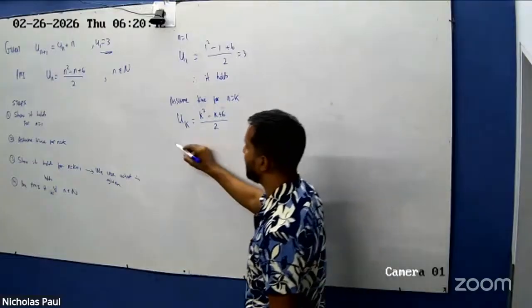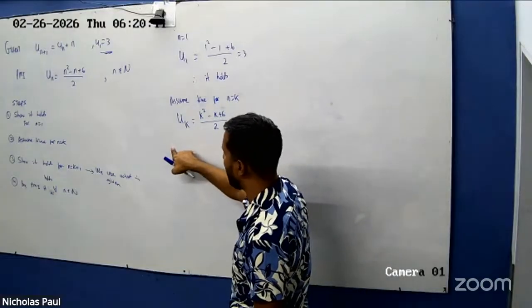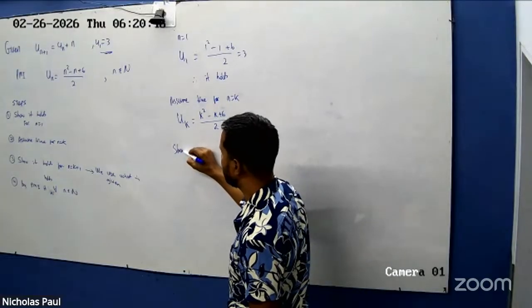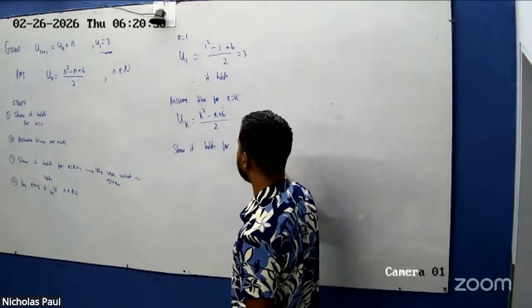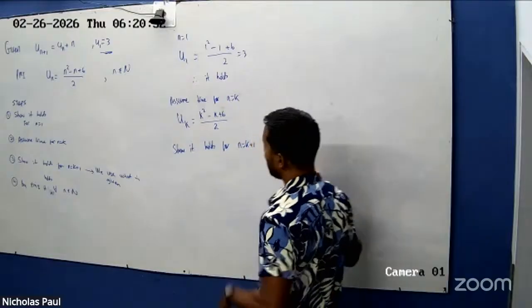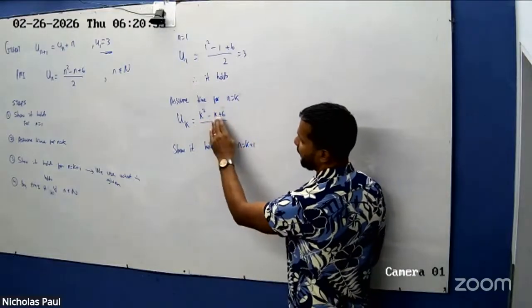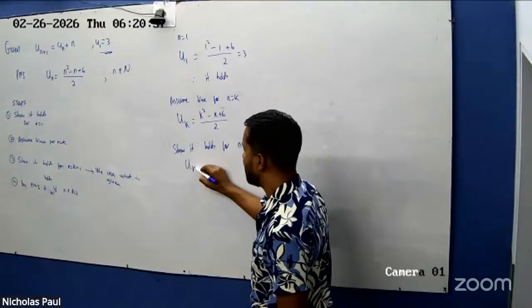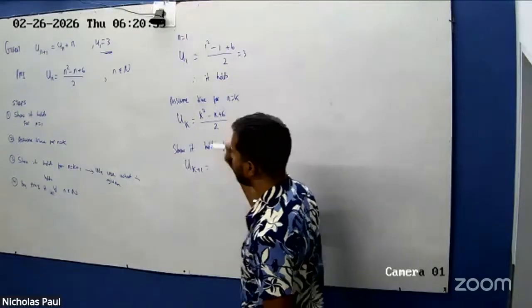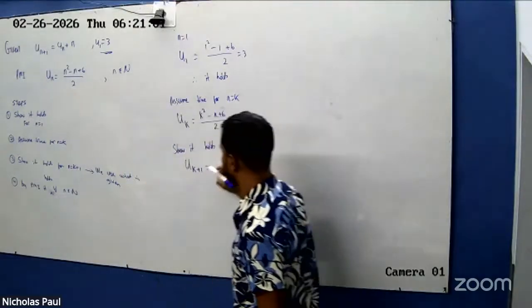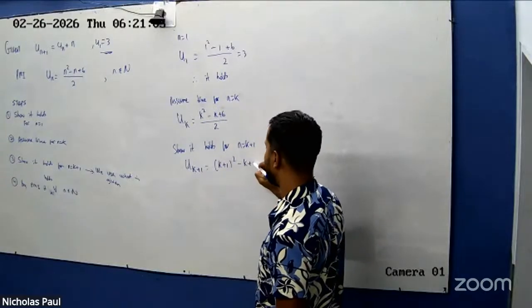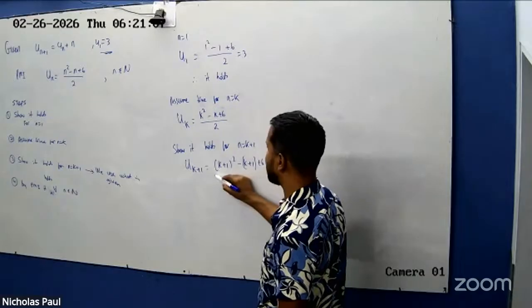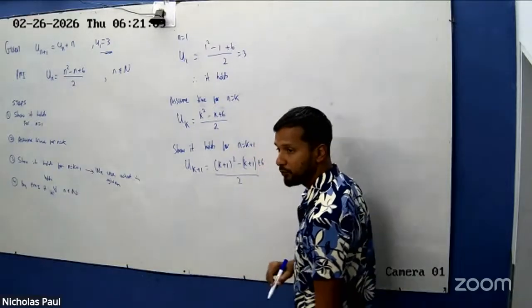And then we have to show now it holds for n is equal to k plus 1. So all I'm going to do is I'm going to put k plus 1 where I have k. So u to the k plus 1, notice I'm still using this. It's k plus 1 squared minus k plus 1 plus 6 all over 2.